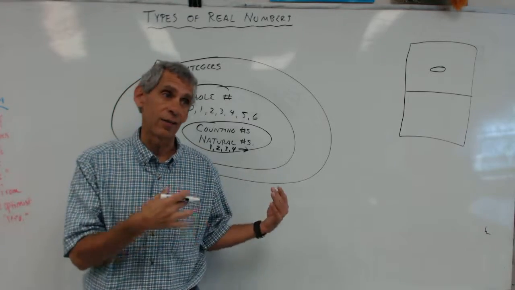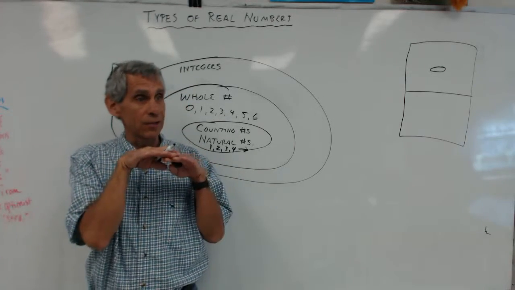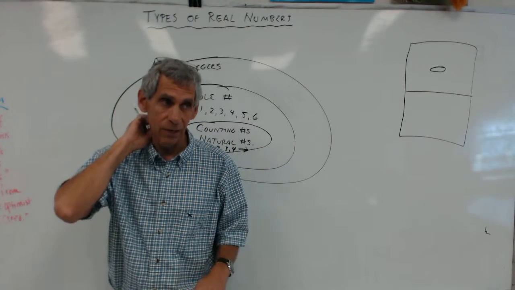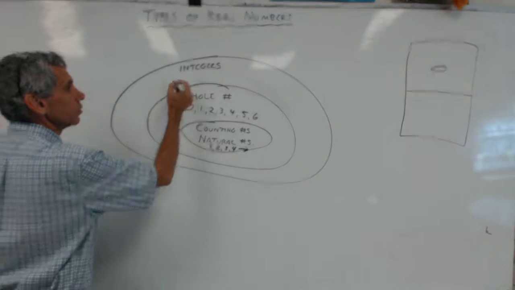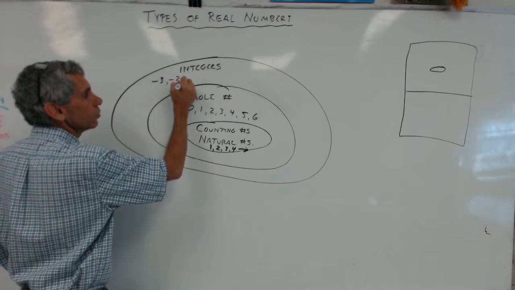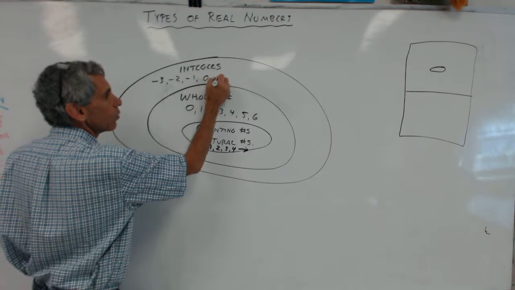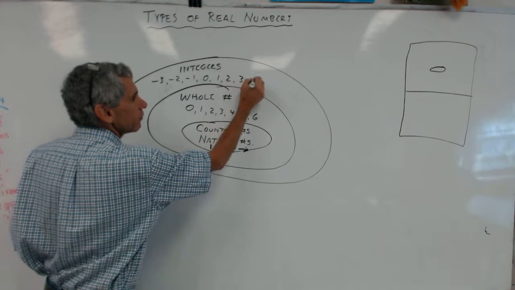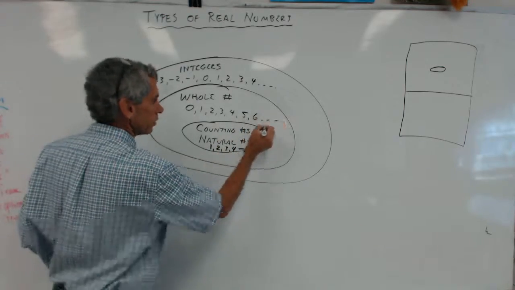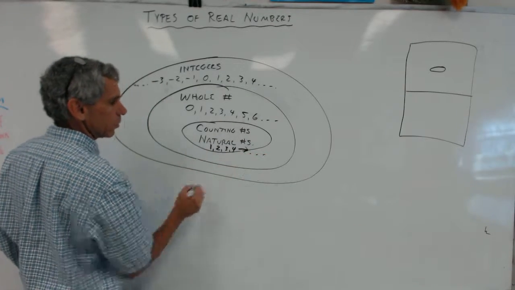I've got to earn $100,000 to pay him back so that I'm back to 0. Does that make sense? So debt is an example of a negative number. It's used in money a lot. So it would be -3, -2, -1, 0, 1, 2, 3, 4, and they go on and on in each direction, right?